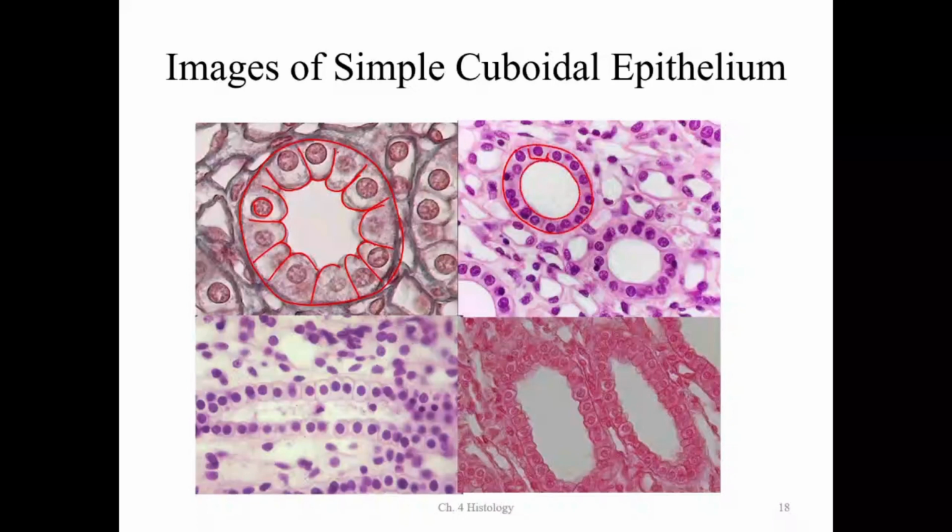Now, by the way, free surface right here, that's your free surface. These are your free surfaces, so we know this is an epithelium. Now I look at it and I notice there is one layer of boxy-shaped cells.